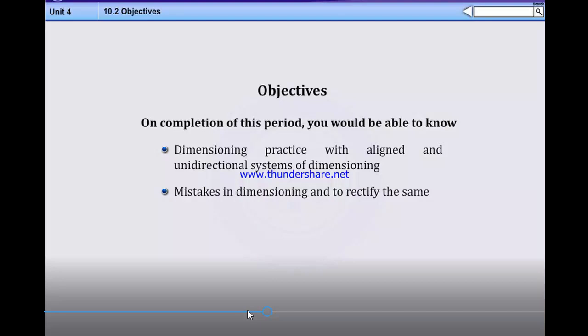After completion of this period, you should be able to know dimensioning practice with aligned and unidirectional system of dimension. Both can be identified with these examples. Mistakes in dimensioning and to rectify the same.